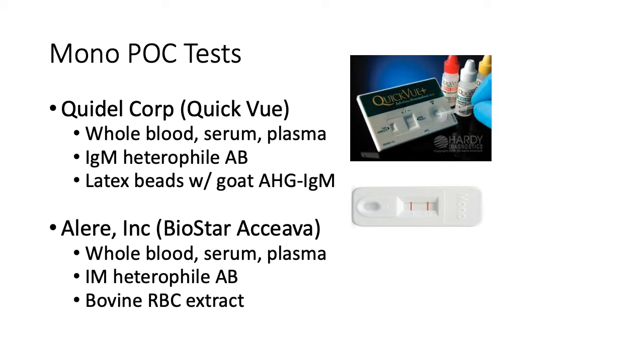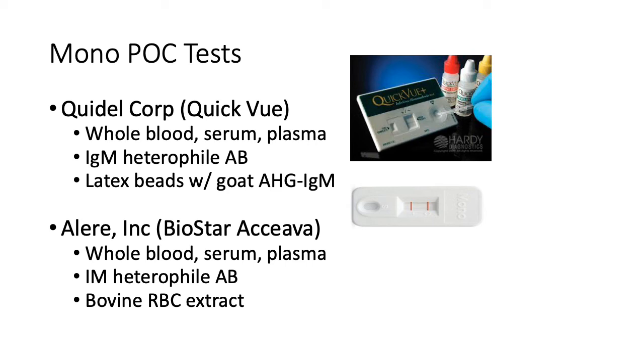The first zone of the membrane is coated with blue latex beads that are conjugated to goat anti-human IgM antibodies. The second zone of the membrane contains two immobilized agents. One is blue latex beads to provide a pre-printed blue horizontal line, and two, bovine erythrocyte extract. The third zone of the membrane contains an agent capable of binding the antibody blue latex to provide the vertical test complete line.